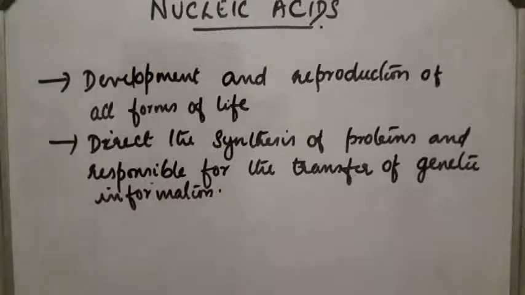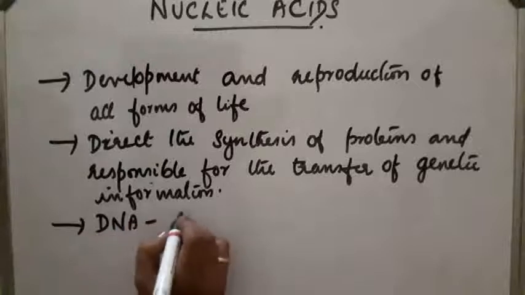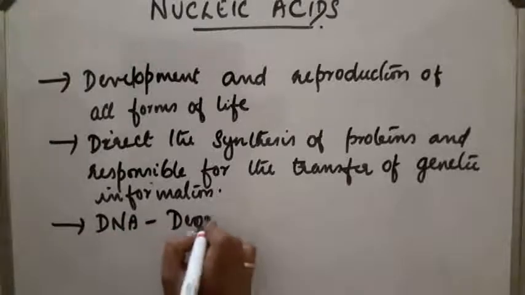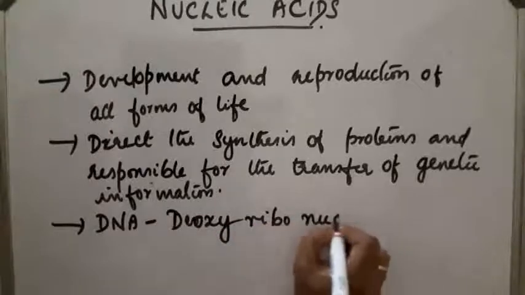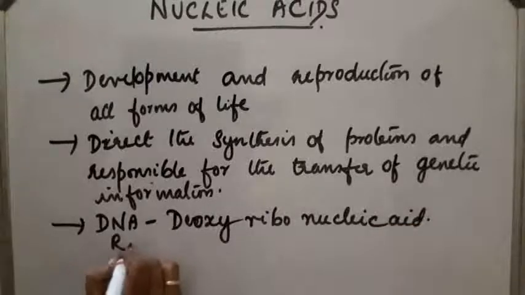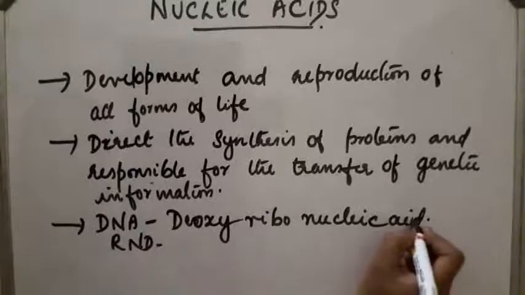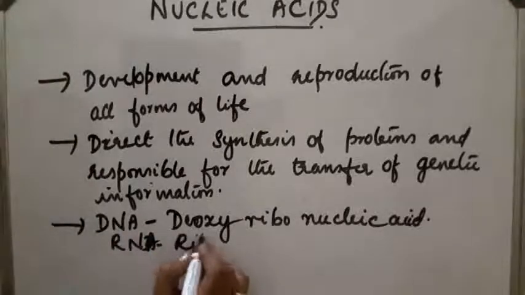Now, there are two types of nucleic acids, DNA and RNA. DNA means deoxyribonucleic acid, and RNA is ribonucleic acid.